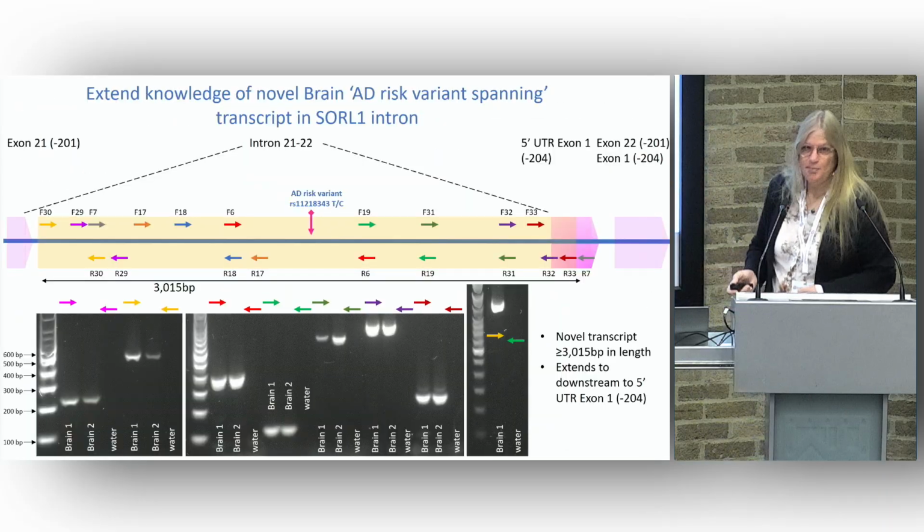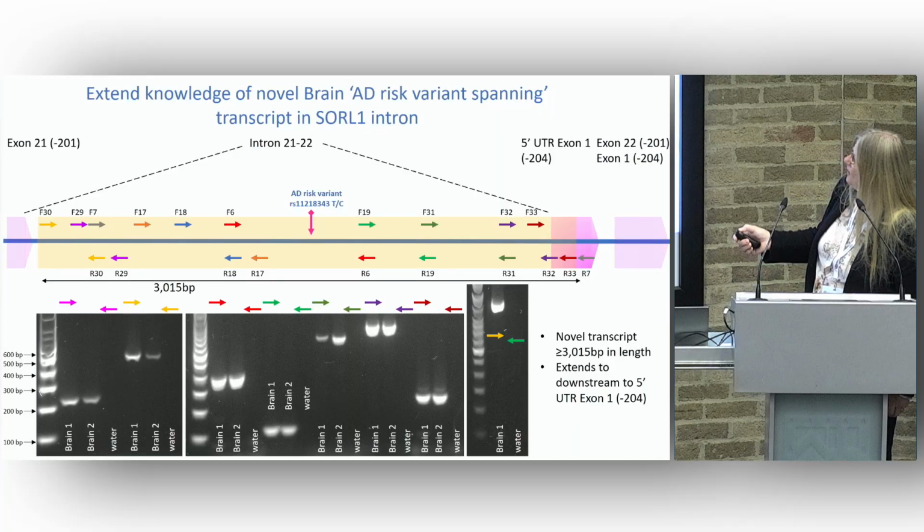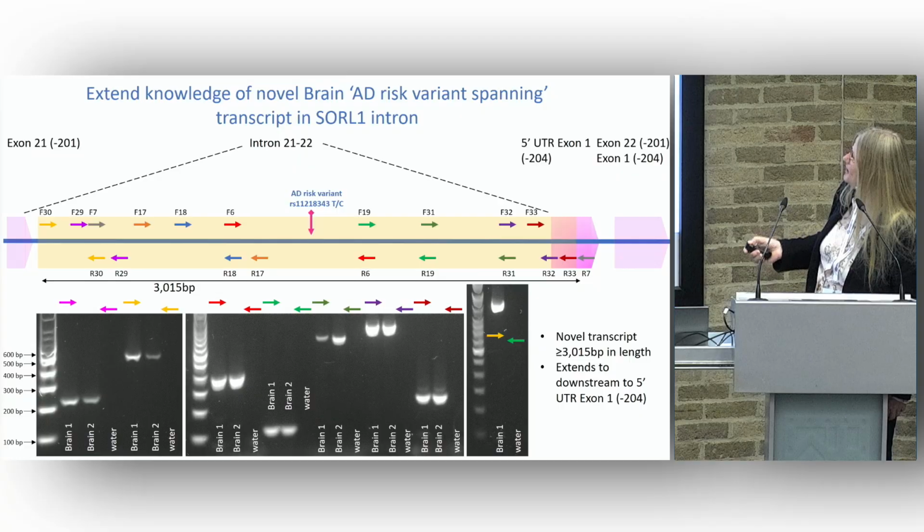So we set about extending our knowledge of this area, and we designed many, many different RT-PCR primer sets, and we could see expression with pretty much all of those in our brain samples, as you can see here. And it's a contiguous transcript.